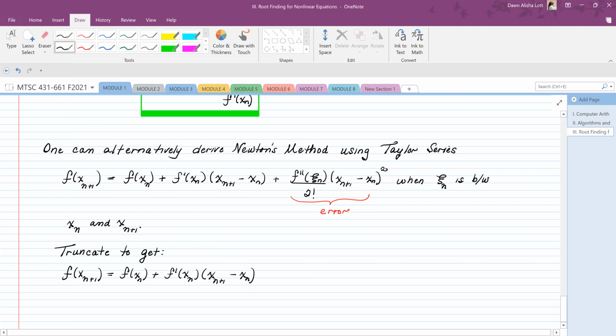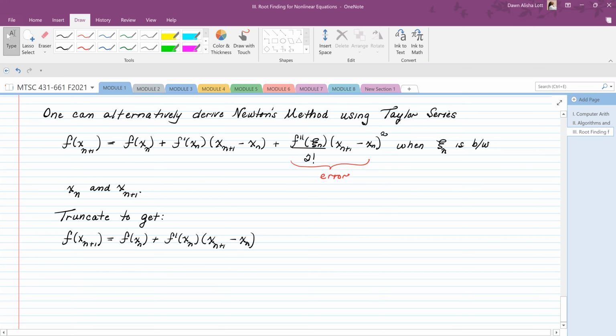And again, here's our hopefulness. Okay, so we're hopeful that that next one, that f of xn plus 1, is 0.